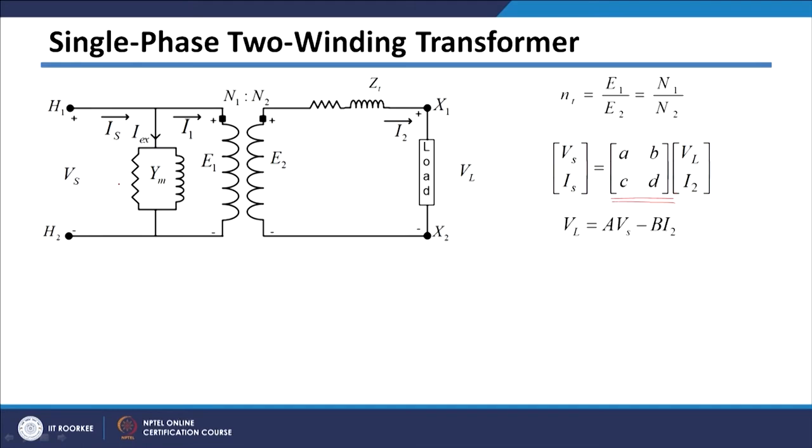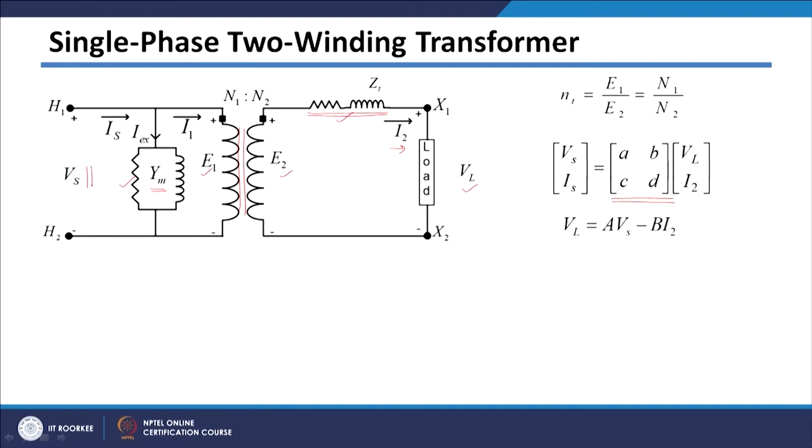So, to put that, let us see this single phase, 2 winding transformer. We know that there is a magnetizing branch. Since it is a shunt branch, I have shown it using admittance Ym. Then there is the ideal transformer, which has the internal voltages E1 and E2, the load voltage VL and the load current I2, and the leakage impedance of the transformer referred to the secondary side is shown here.